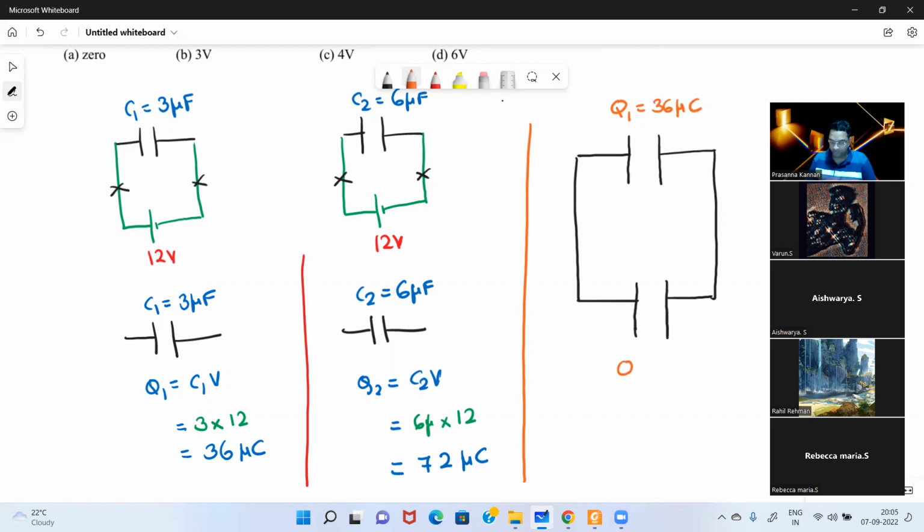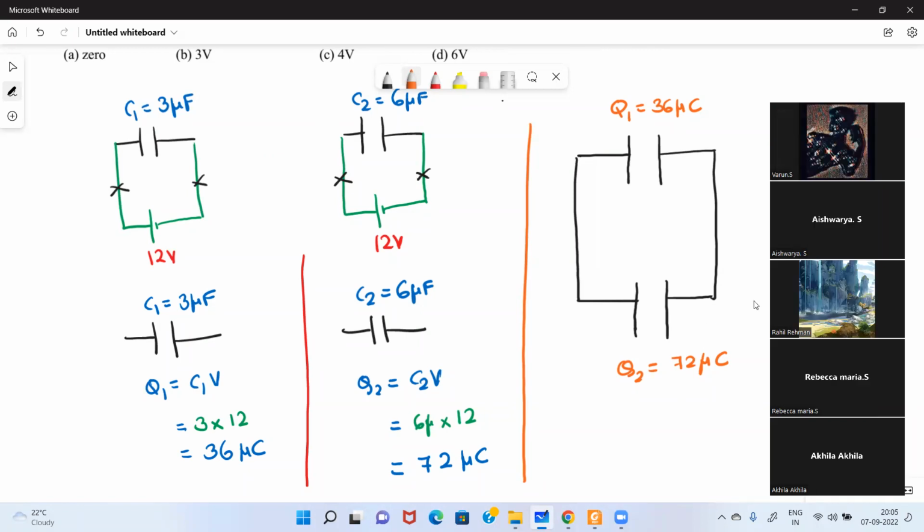And the charge on the other capacitor is 72 microcoulomb, correct? Yes, good evening, Rebecca. So one of the capacitors has charge 36 and the other one 72.